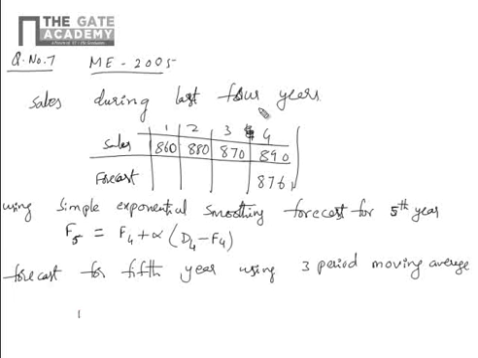The 3 period moving average is F5 equal to the average of the last 3 periods, D4 plus D3 plus D2, divided by 3.